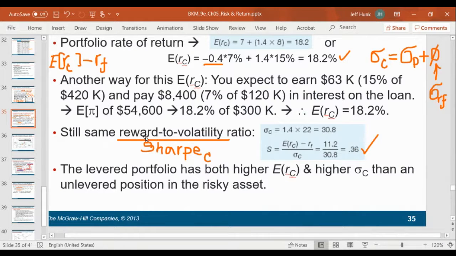However, the Sharpe ratio of the complete portfolio is the same as the Sharpe ratio of the risky portfolio. Okay.